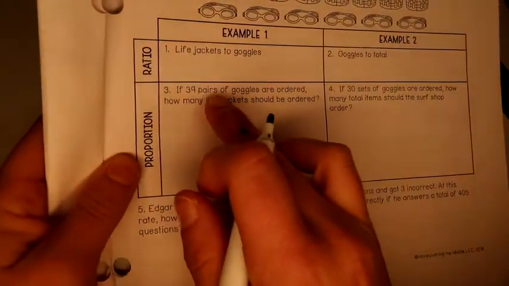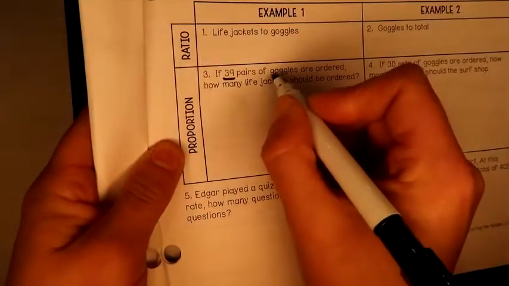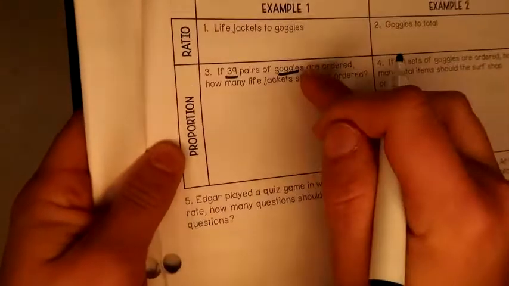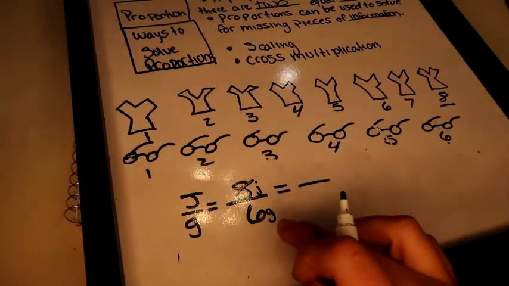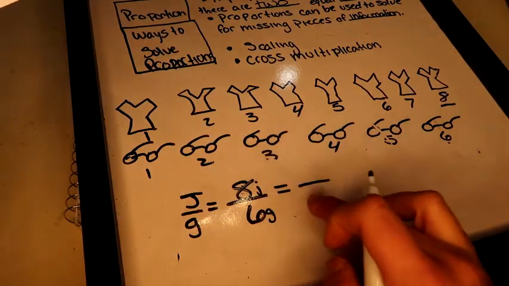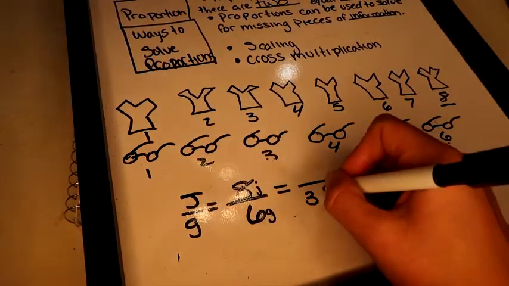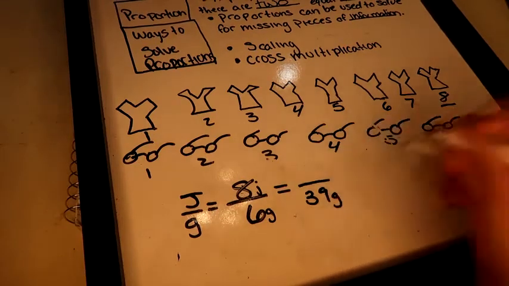Well, let's go back to the question. If 39 pairs of goggles, do you guys see that? 39 pairs of goggles. 39 belongs to goggles. Where do we put the 39? Do we put it with the jackets or do we put it with the goggles? If you answered goggles, you're correct. You put the 39 with the goggles.